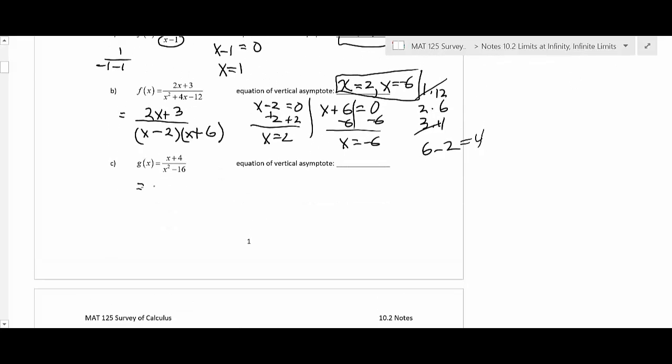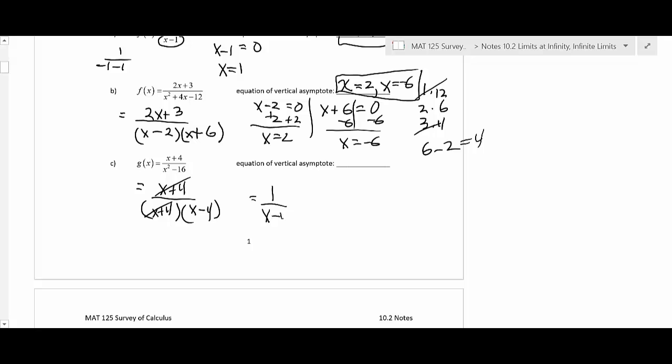So again, the numerator does not factor. How does that denominator factor? X plus 4, x minus 4, right. That's the difference of two squares. So you do that, and you do this. Now watch this carefully, because on this one, if something cancels out, then you're left with this.